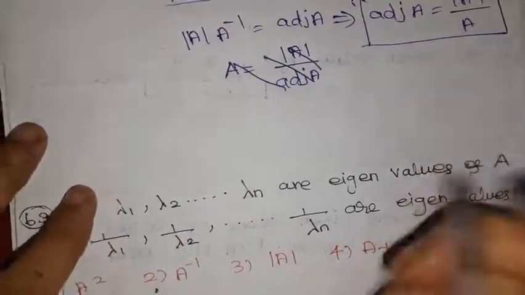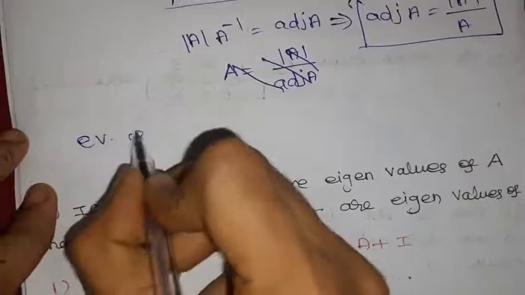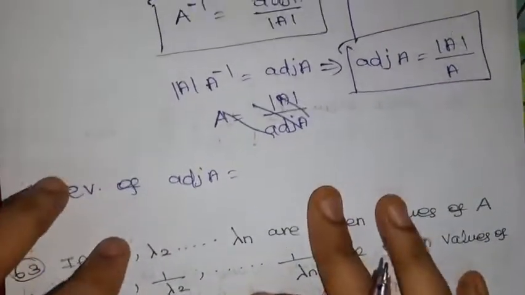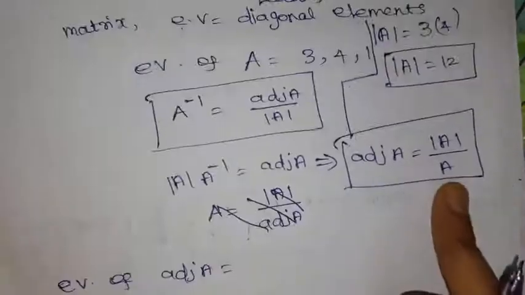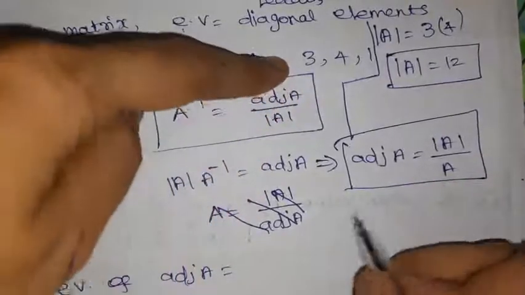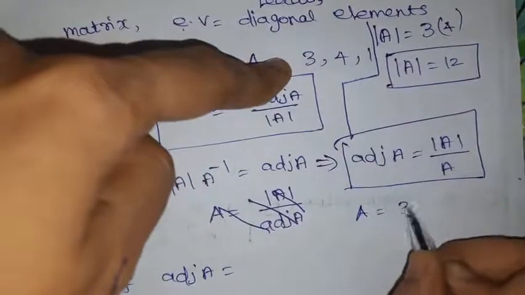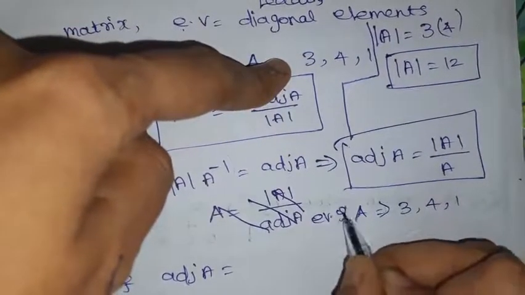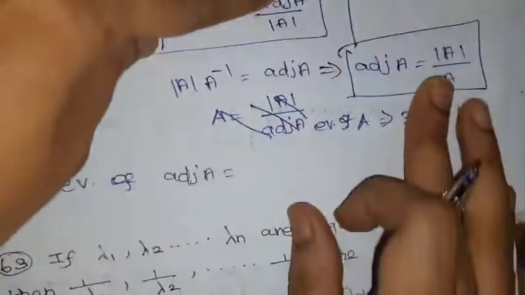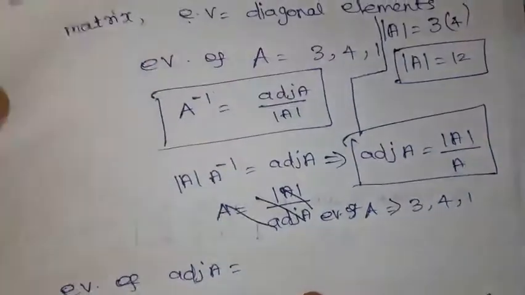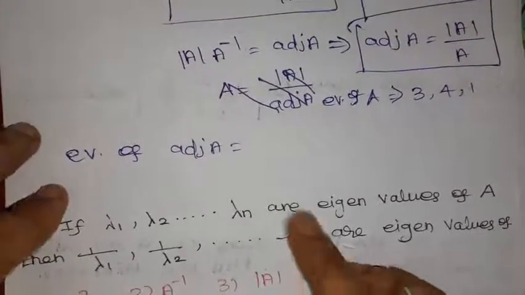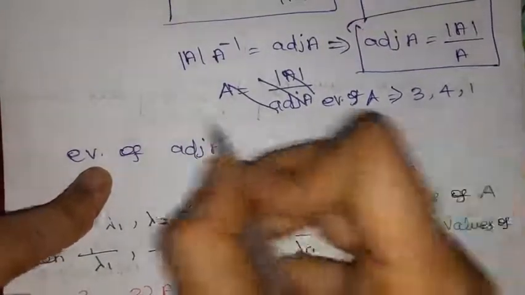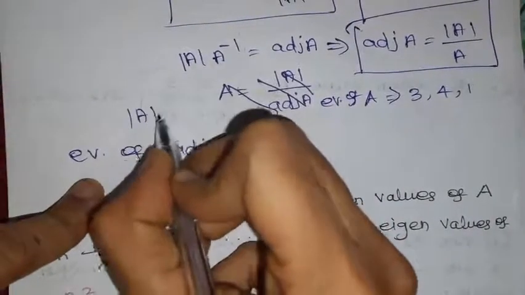So what is the eigenvalue of adjoint of A? It is nothing but mod A divided by the eigenvalue of A. The eigenvalues of A are 3, 4, 1. What is the determinant value we found? Yes, 12.